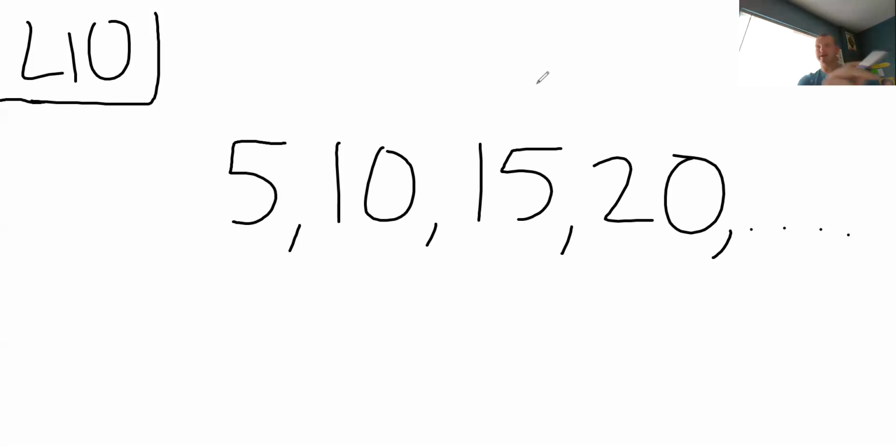This whole number line is called a sequence. Each of those numbers is referred to as a term. So 5 is a term, and 10 is also a term.